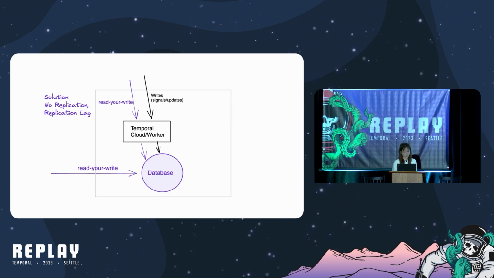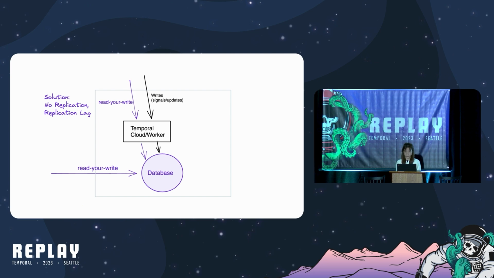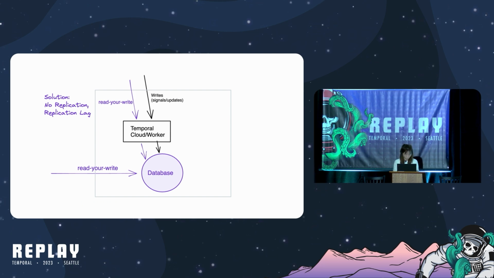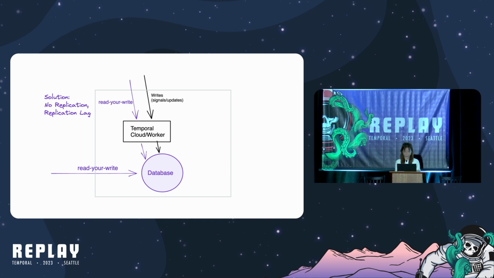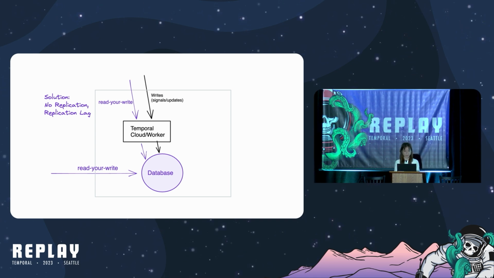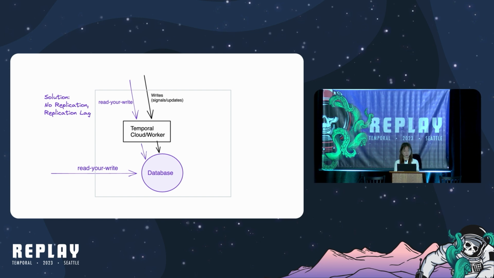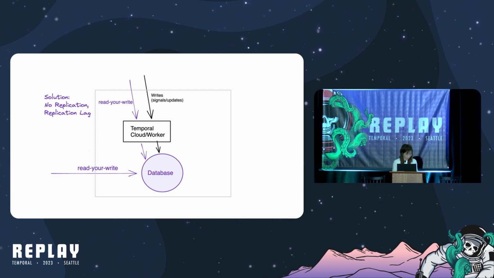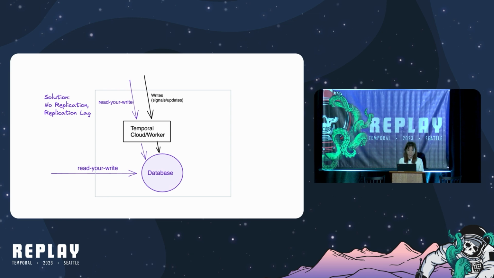The new perspective offers an ultimate solution to replication lag. Because there's only one storage in the architecture, there's no replication, so we have no replication lag. And so the read-write inconsistency caused by replication lag vanishes as well.